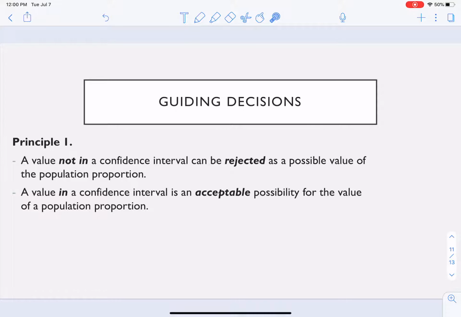So a value in the confidence interval is an acceptable possibility for the population proportion. We're not saying that it's smack dab in the middle, but we're saying that it is possible, since we don't really know what the population looks like. It's going to be any one of those values, and there's a good chance it'll be any one of those values.